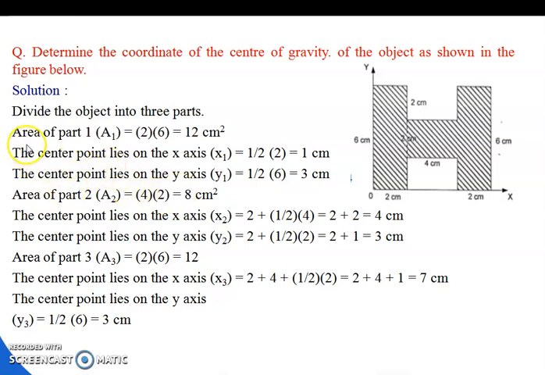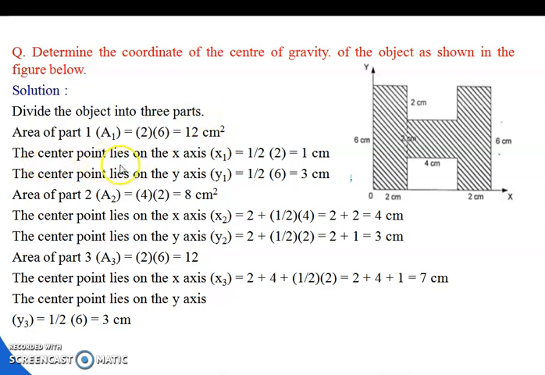So in case of part 1, the area is 2 into 6, that means width into depth. The width is 2 cm and the depth is 6 cm. By multiplying this, we find area 1, whose value is 12 cm².